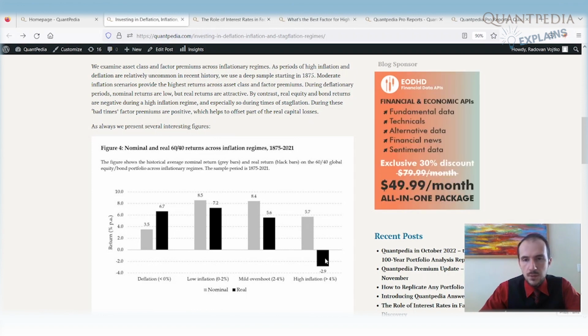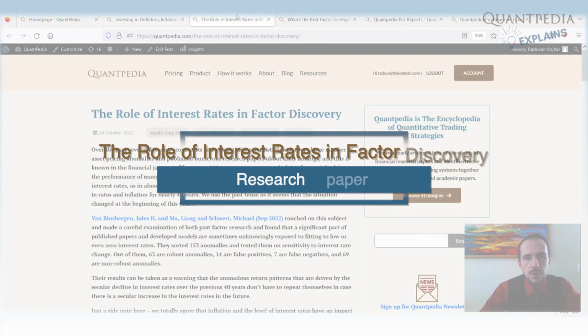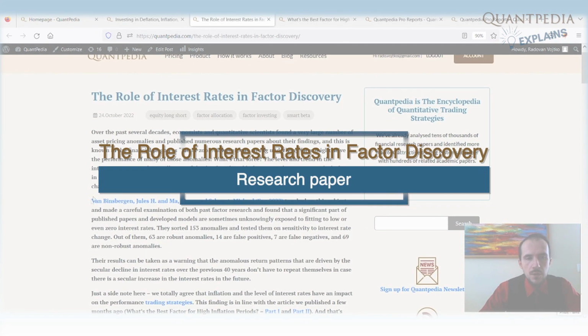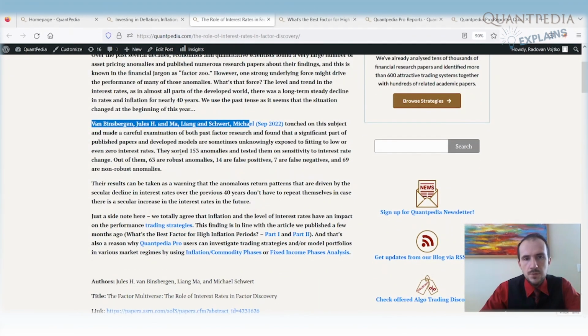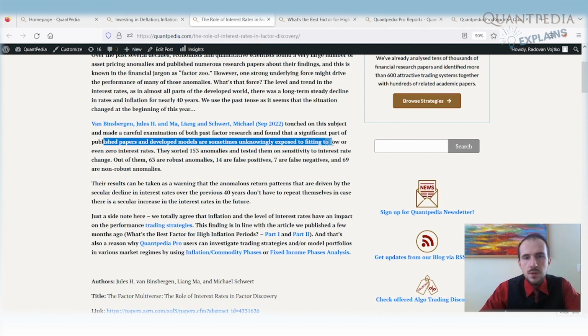The question is how trading strategies react in these high inflation periods. For that, there is another paper written by Ginsberg, Ma, Liang, and Schwert. They touched on this subject and found that a significant part of published papers and developed models are exposed to, and fit to, low or zero interest rates.